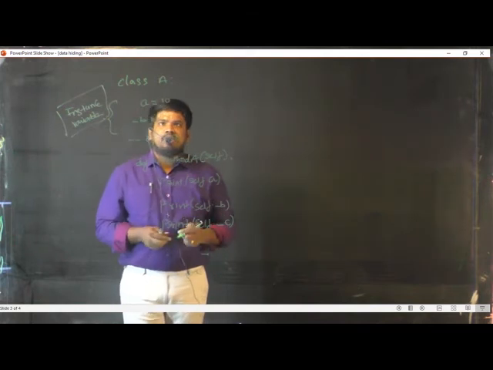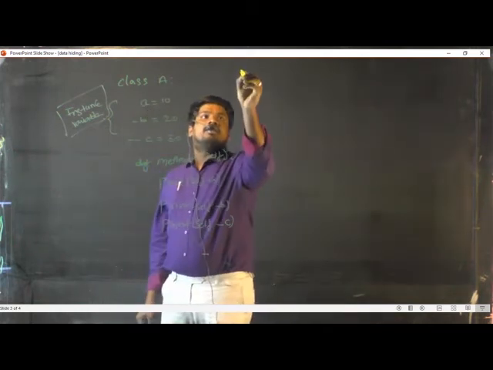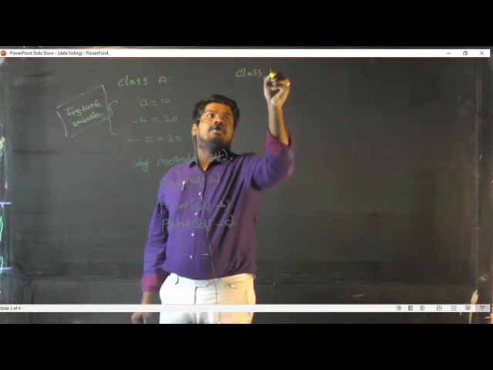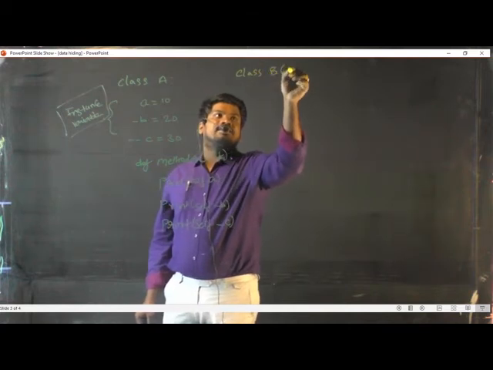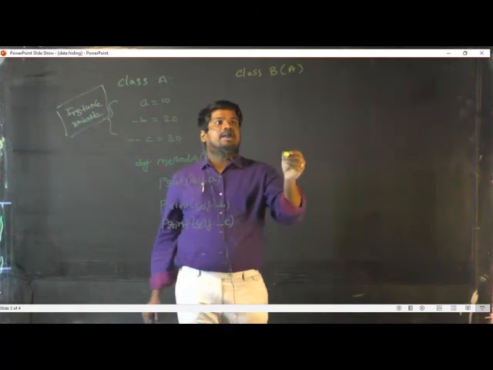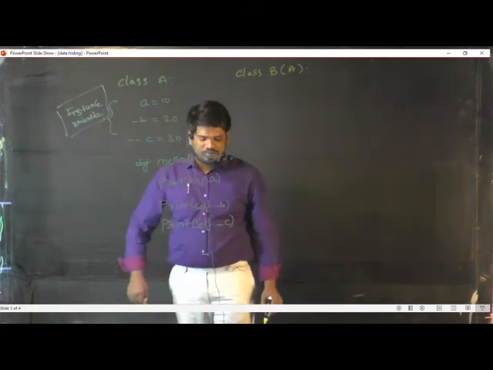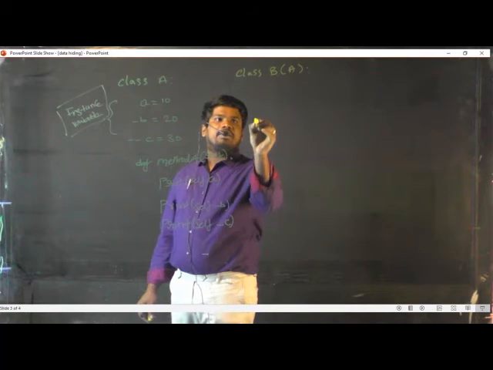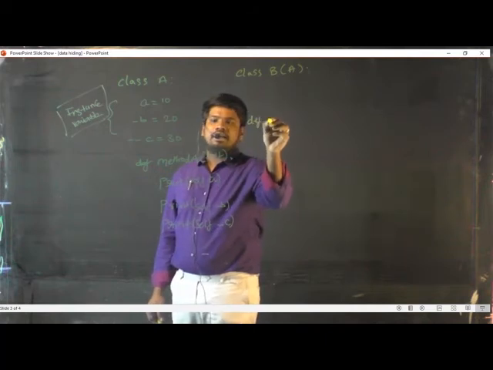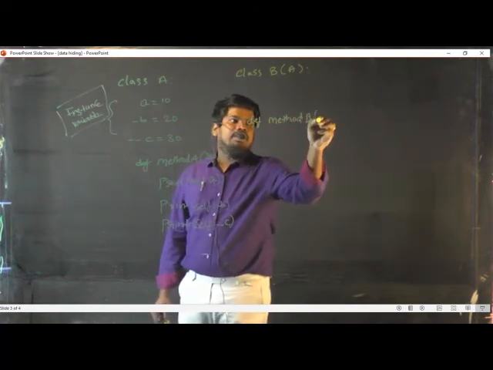Next I'll take one more class, class B, and this class B is taking all the properties from class A. Here I am taking a method, def method of B of self.